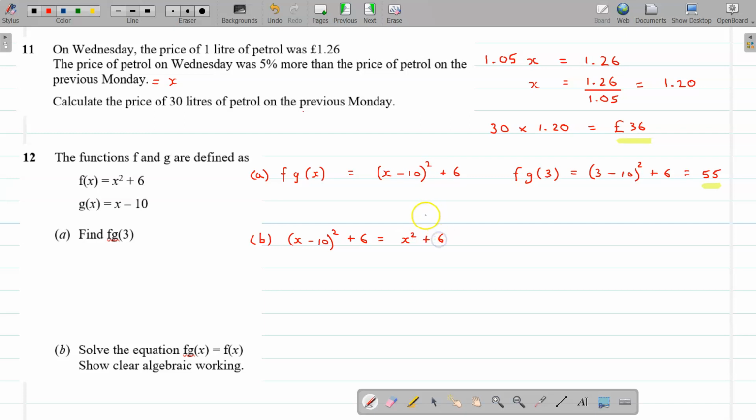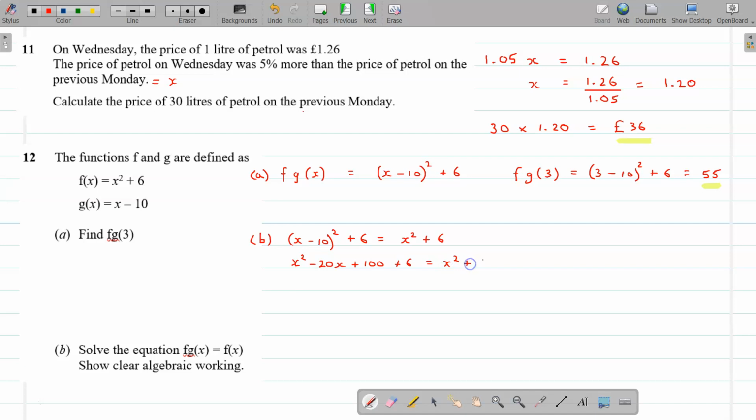If we multiply out this bracket, x minus 10 times x minus 10, using two brackets side by side, first outer inner last, will give you x squared minus two lots of 10x, so that's minus 20x plus 100. And then I've also got my plus 6, and that all equals x squared plus 6.